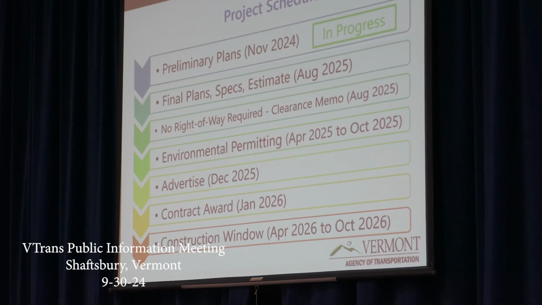We're going to commence environmental permitting in April 25 through October, advertise the project in December, and then move to contract award just after the new year in January. And then we're looking at a construction window of April to October 26.